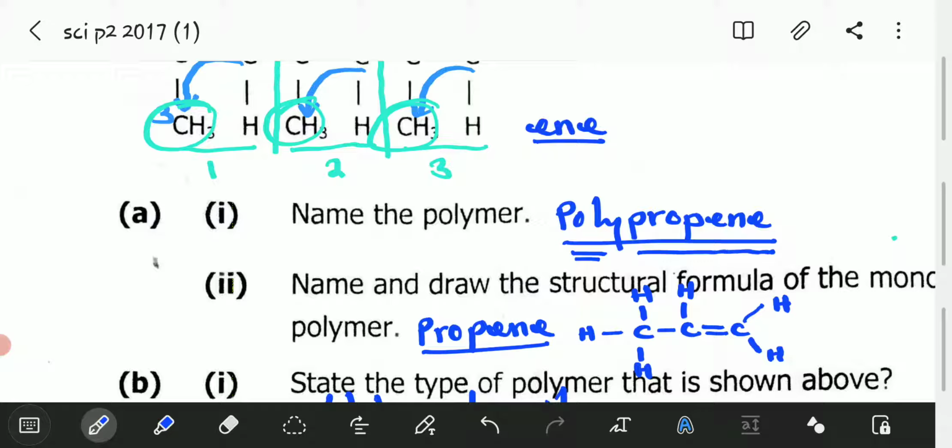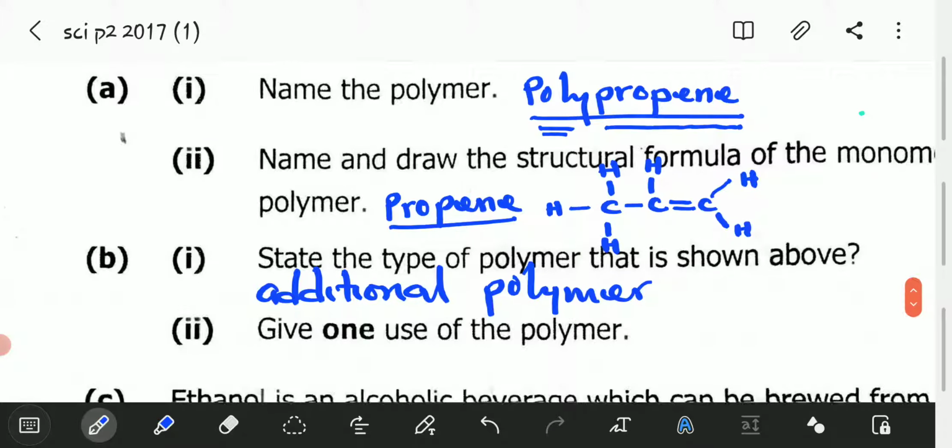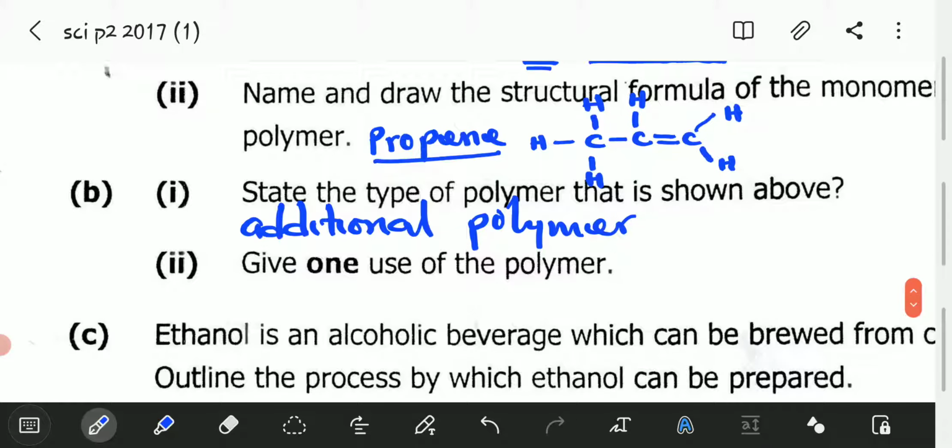Sometimes the examiner may even ask the environmental effect, such as what the words biodegradable or non-biodegradable mean. So here they just want one use. So you can give the use of a plastic. There are so many, so I'll just stick to the basic.